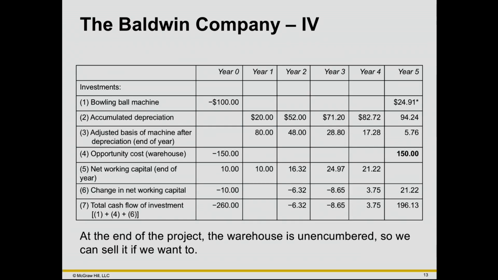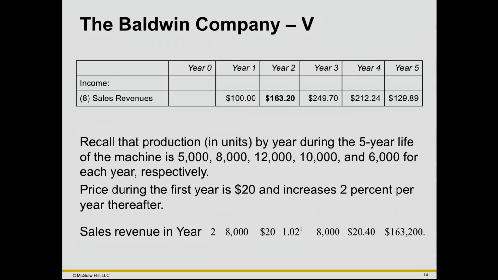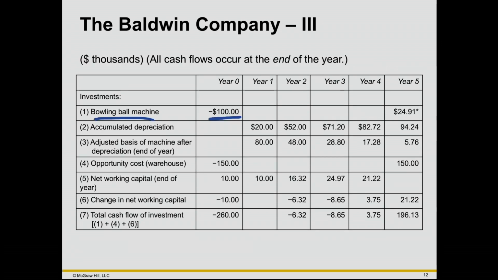I believe they give it to us. Where do they give it to us? I don't see it directly related here, but the salvage value actually is going to be 30,000. Note that all these numbers are in thousands. All right.